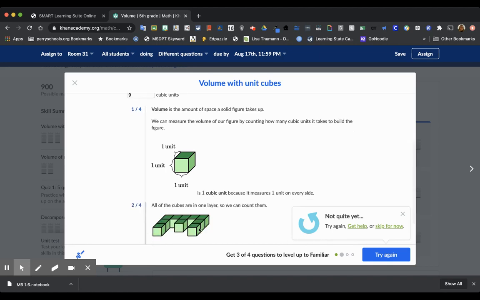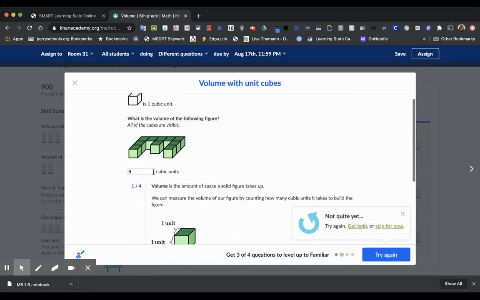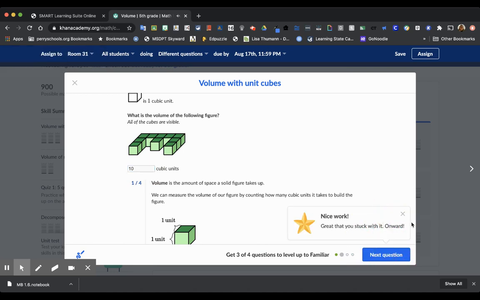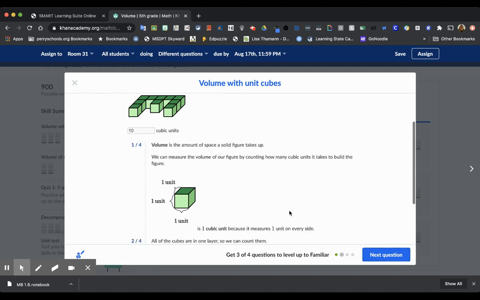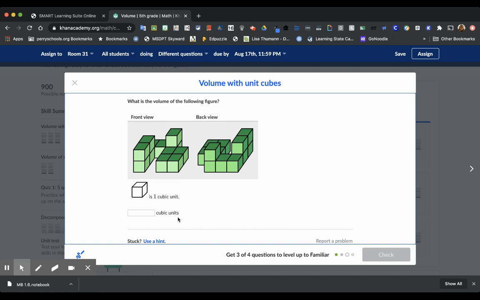You can use another hint. You can see here that there are going to be 4 total hints before you can move on. Let's say that you've found your error. You can check again, and it says moving on, next question.